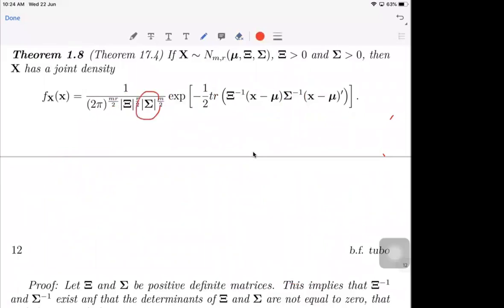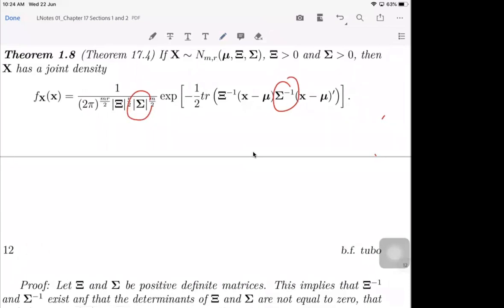Okay? This is to assure us that the inverse exists. So dapat positive definite ni siya. Naagi ni siya dapat sa assumption na positive definite. Why? Because we are dealing with an inverse, the existence of an inverse.